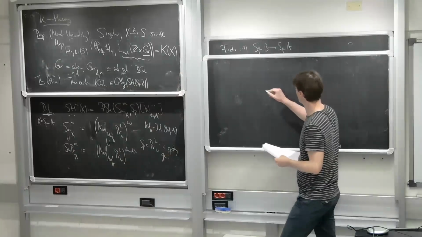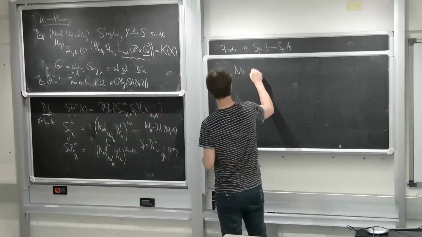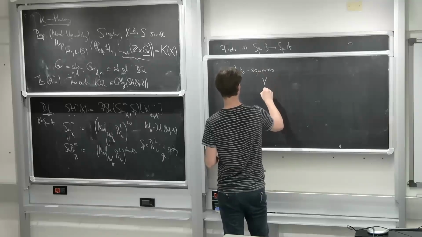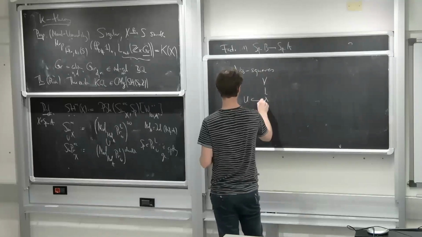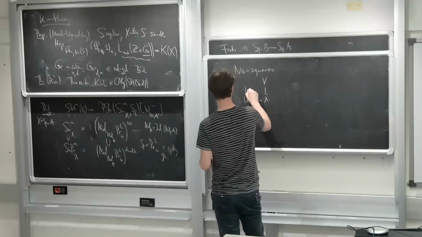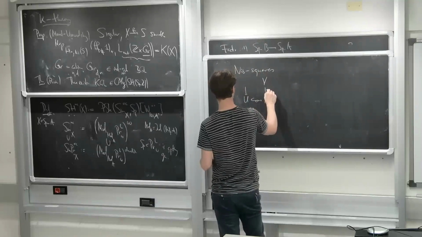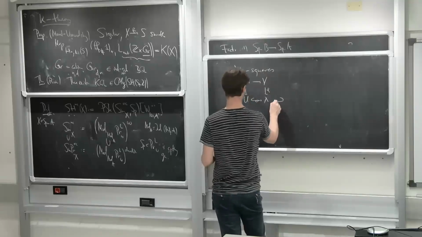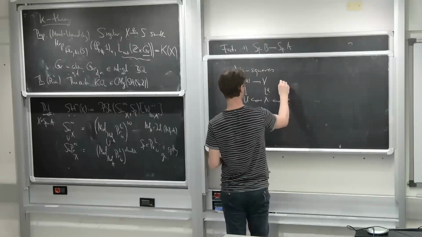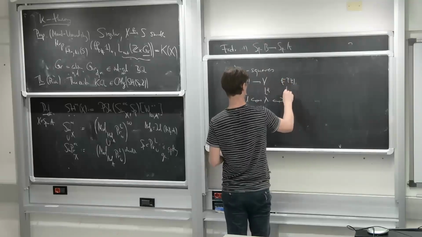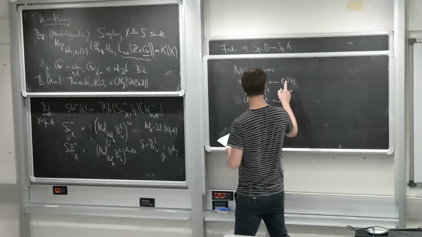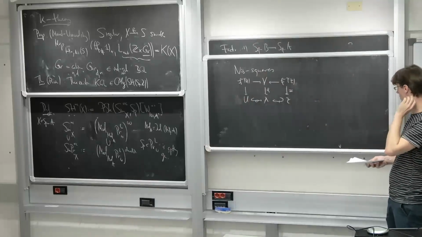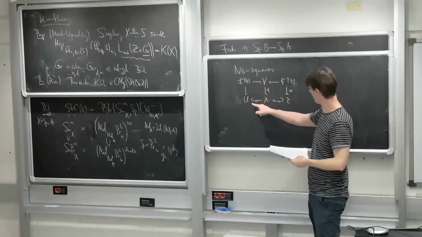We had these Nisnevich squares where basically you have some V over X and some U. So this was open, and here f inverse of U, and we had the Z here, which was the complement, and the inverse of Z. And this was supposed to be an isomorphism, right? This was the defining nature of the Nisnevich topology.